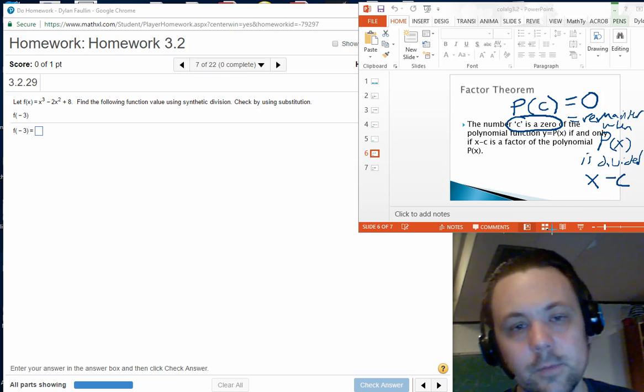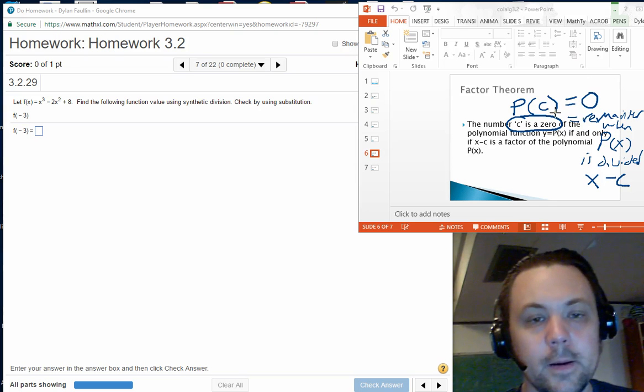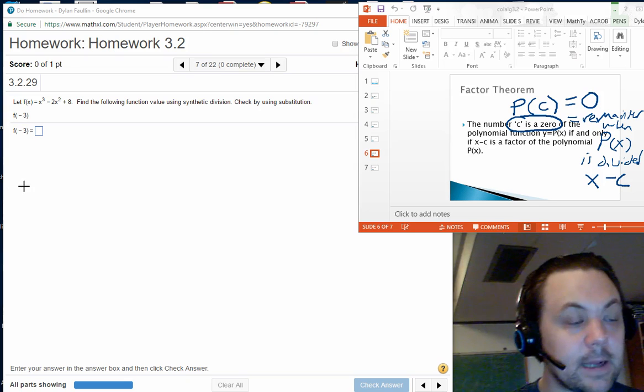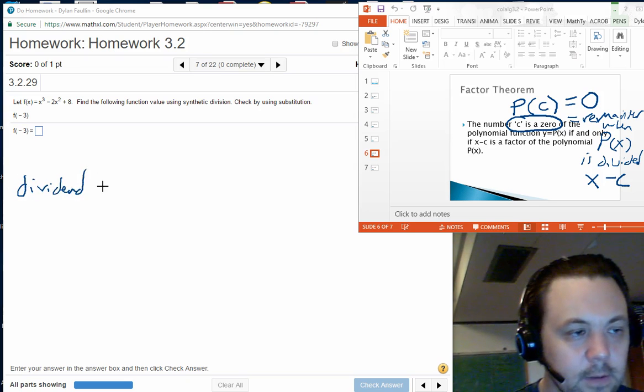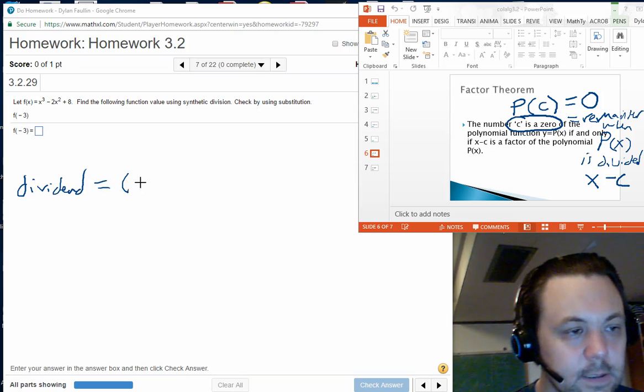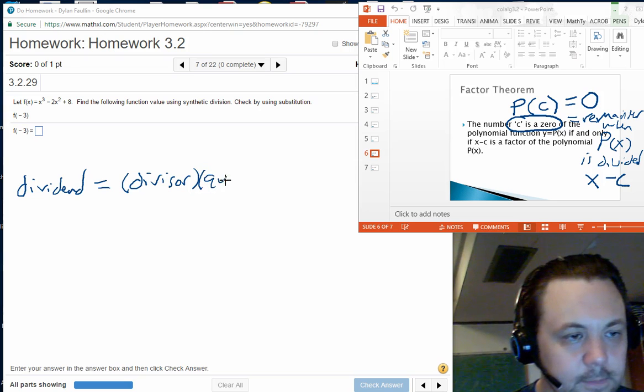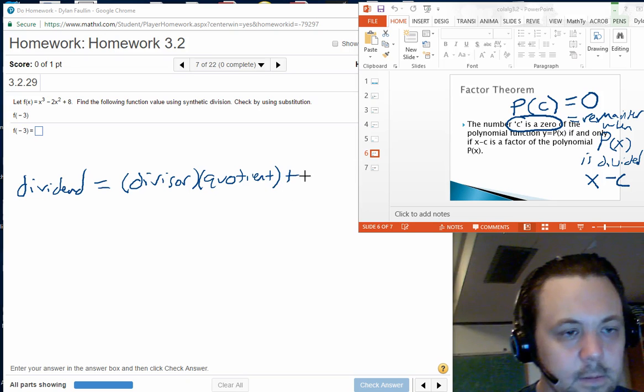That's the remainder theorem we just talked about, right? So putting those two together, going back to that division formula that we talked about earlier in the video, the dividend equals the divisor times the quotient plus the remainder.